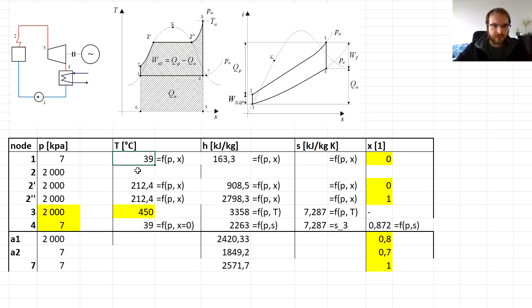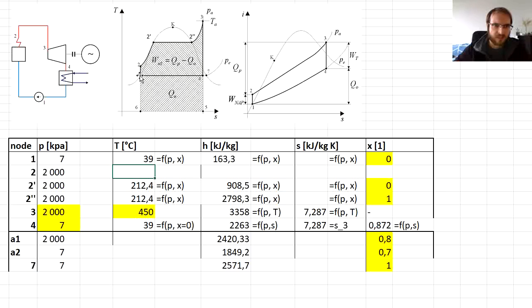And now the only point we are missing is point number 2. And again, if we would be using some computer correlations or some functions for the steam and water properties, the change of the properties in the pump is isentropic in the ideal case.